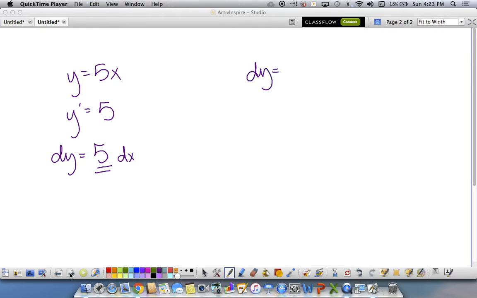So now going backwards, if we are just given a constant, if we are given dy equals, I'm just going to do a different problem, 8 dx. What is y? Here we're starting at the bottom, and I want to go backwards. If we just have a constant, we can pull that constant out, and we know the derivative of 8x is really 8.